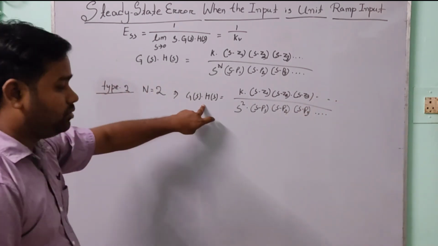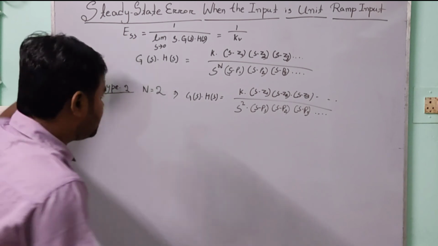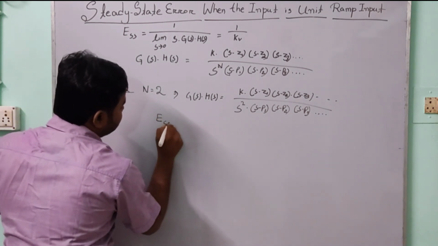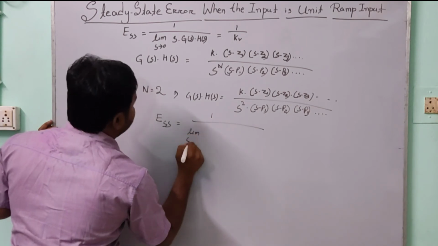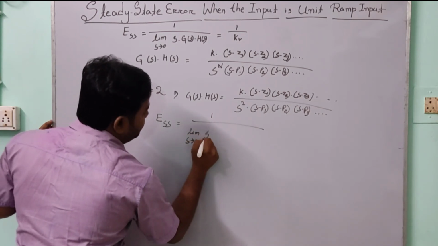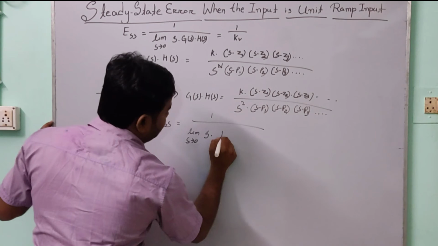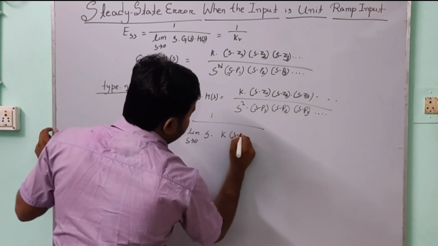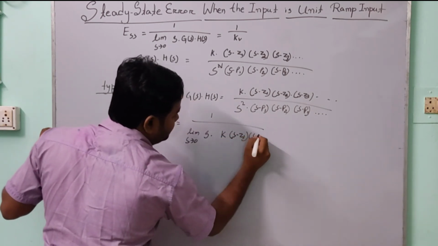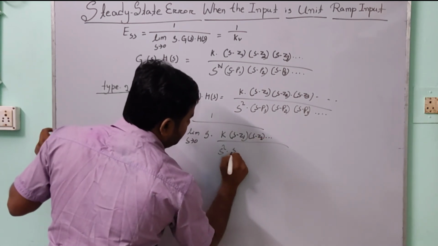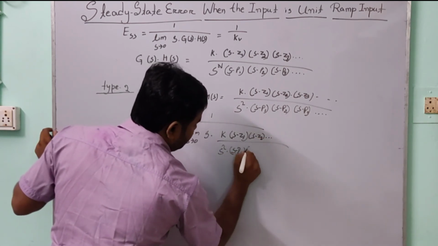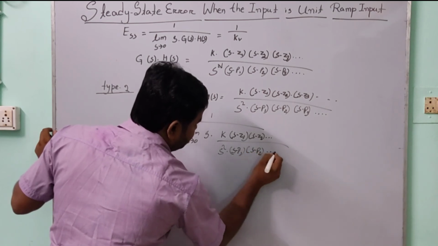If we put this value in the ESS formula, ESS is equal to 1 divided by limit s tends to 0, s into K into (s minus z1)(s minus z2) divided by s square into (s minus p1)(s minus p2) and so on.